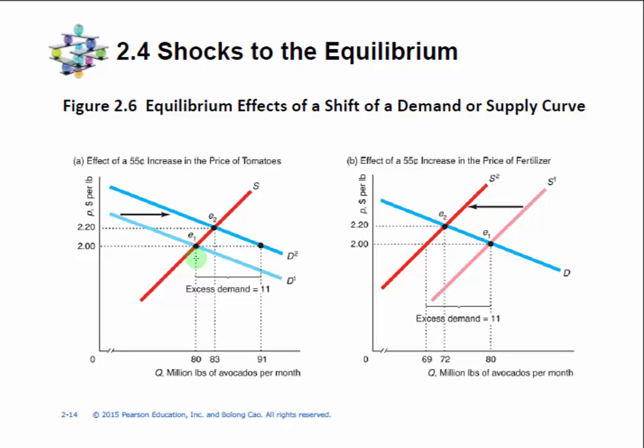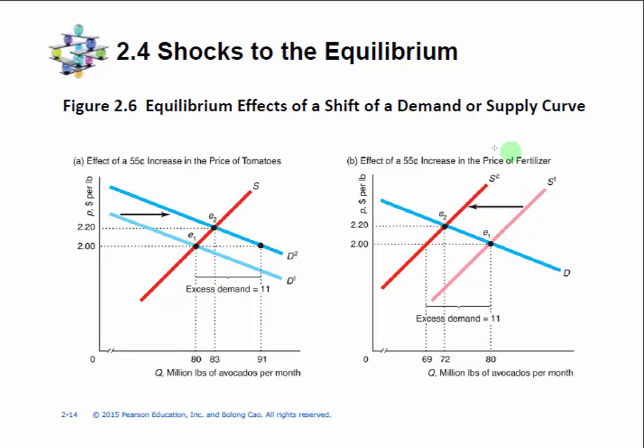So if you have an increase in demand like what we have in the picture, the equilibrium price will increase. So is the equilibrium quantity. If, on the other hand, the demand decreases, the whole demand curve shifts to the left, you will have the equilibrium price decrease and the equilibrium quantity decrease as well.